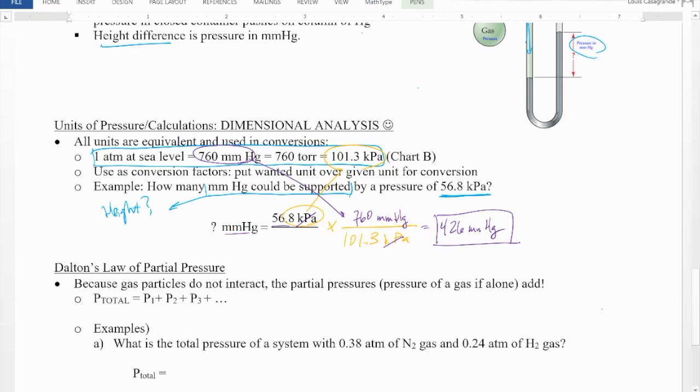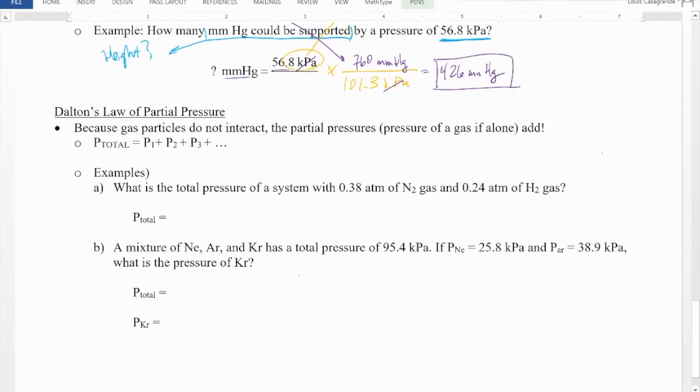Finally, we have Dalton's law of partial pressure. What Dalton's law of partial pressure tells us is that gas particles don't interact with each other, so the partial pressures, the pressure of a gas if it's alone, will just add. Here's how we can demonstrate that the gas particles don't interact.